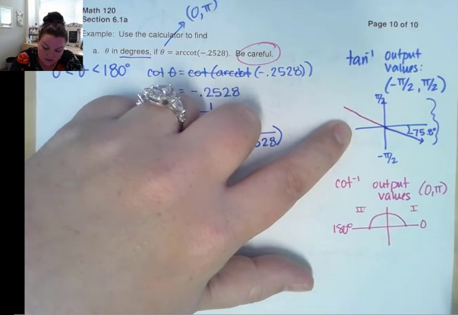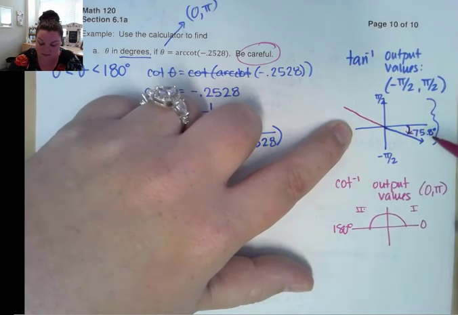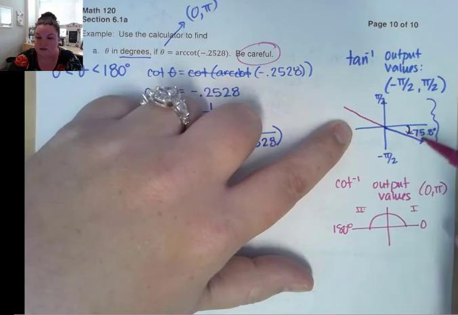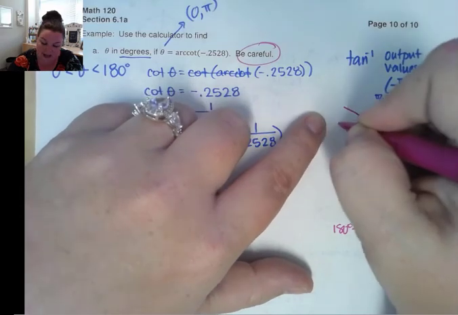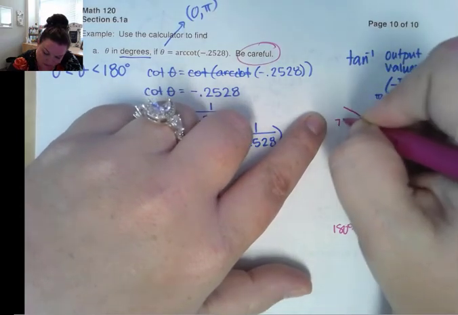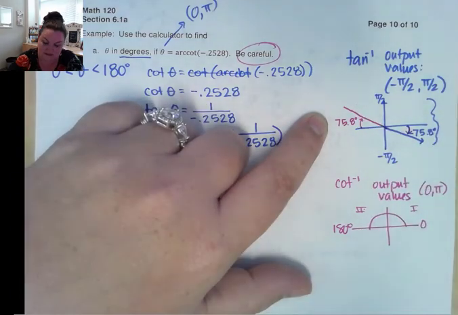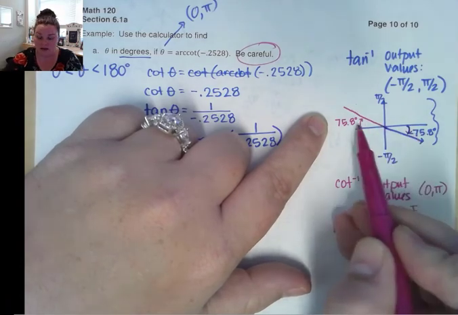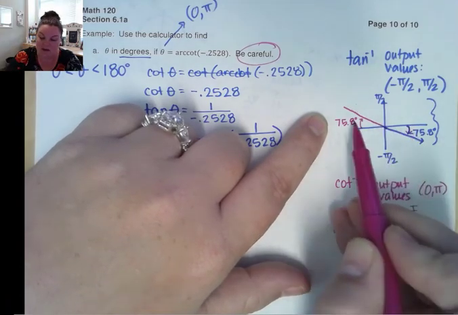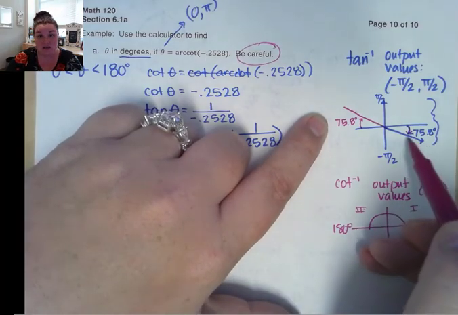If I draw this straight out, do you agree the distance from here to here is 75.8 degrees? That's the angle measure. If I continue this line on out, this angle would also be 75.8 degrees away from 180. So these two have the same measure, which means they would have the same tangent value.